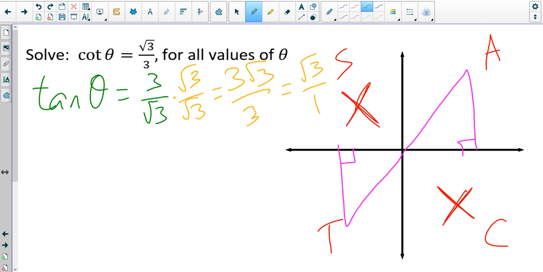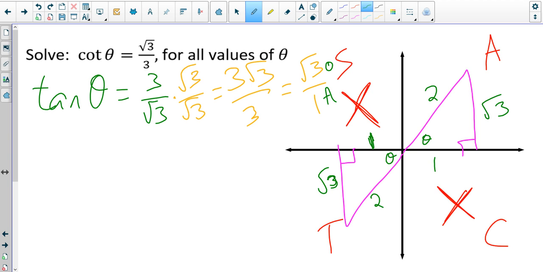So now I am going to label my opposite and my adjacent. From my theta, my opposite is the square root of 3, my adjacent is 1. Same thing in this triangle, my opposite is the square root of 3, my adjacent is 1. If I do the Pythagorean theorem, 1 squared plus the square root of 3 squared is 4, and once we take the square root, we get 2.